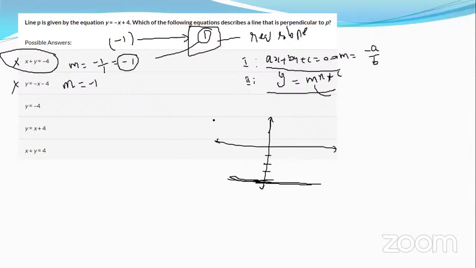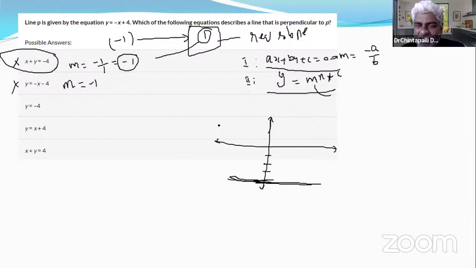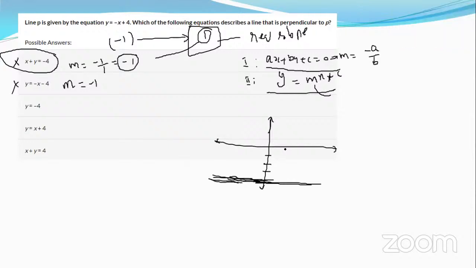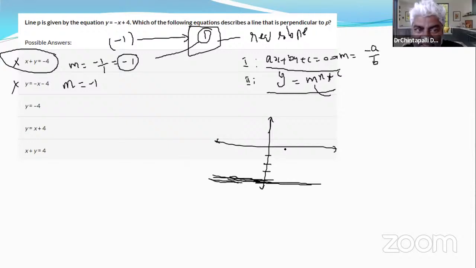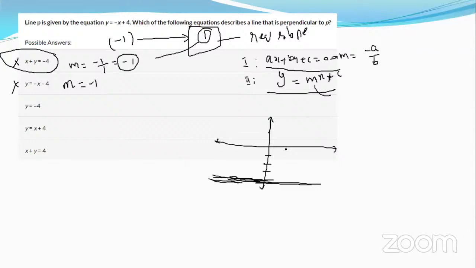There is another way to think about the slope of a line. What's the angle made by this line with the x-axis? This line is not meeting the x-axis at all, anywhere.